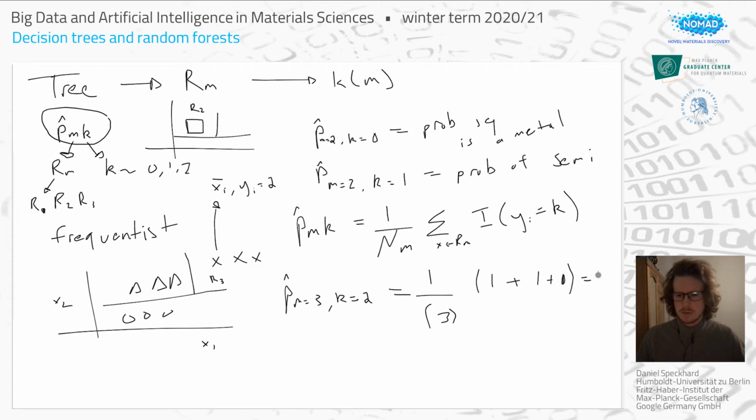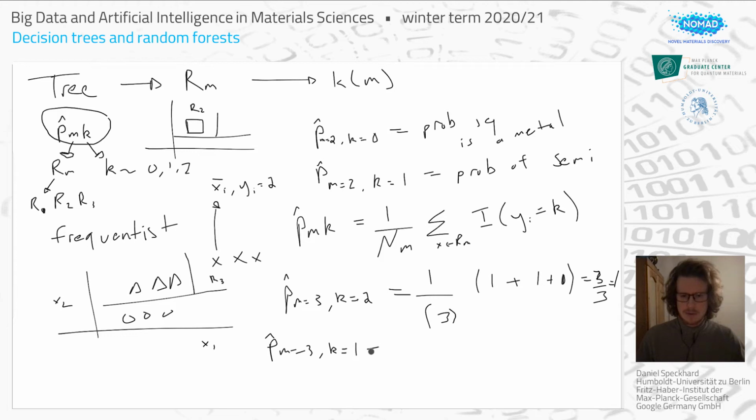And this is going to be equal to 3 over 3, the probability that a new data point shows up in this region 3 and is an insulator. We're going to estimate that probability is equal to 1. What is the probability that a new data point that shows up in this region 3 is of a different class?